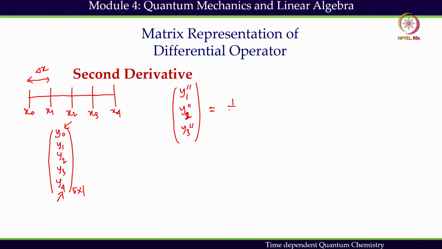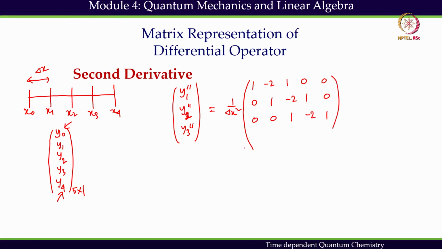So, this is going to be 1 by delta x square, and now I will explicitly write down the full matrix: 1 minus 2 1 0 0, then 0 1 minus 2 1 0, then 0 0 1 minus 2 1.